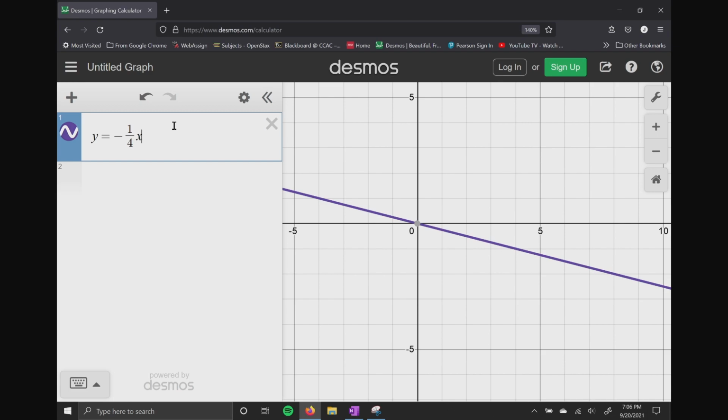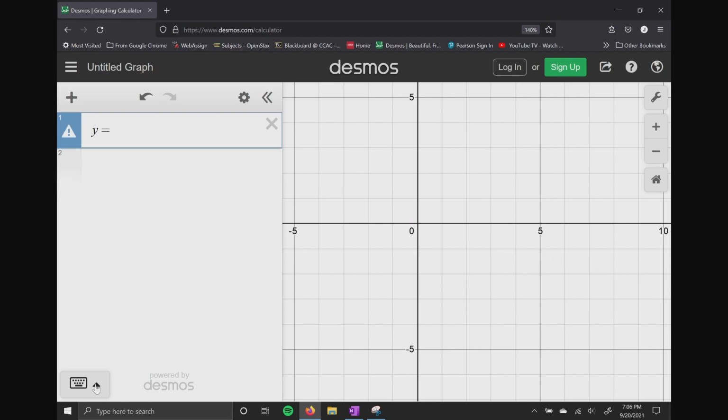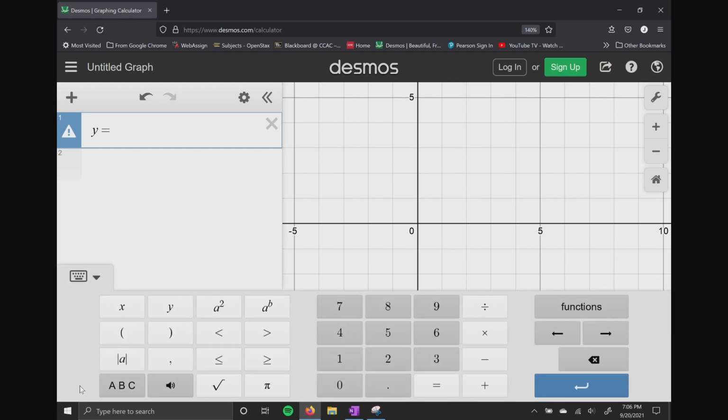So let me show you the other way. Let me just erase this real fast. Down here in the lower left-hand corner, you're going to see Show Keypad. So if I click on Show Keypad and I open it up, it gives me all these different things, but right here is the division symbol. If you just click that, it's going to give you a fraction bar.